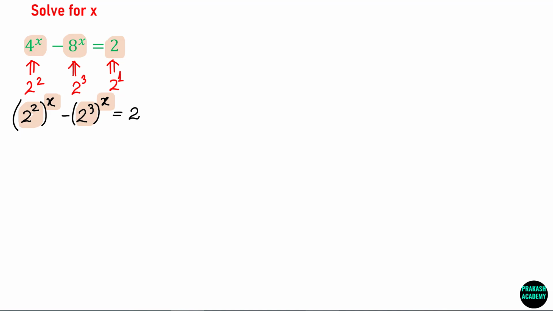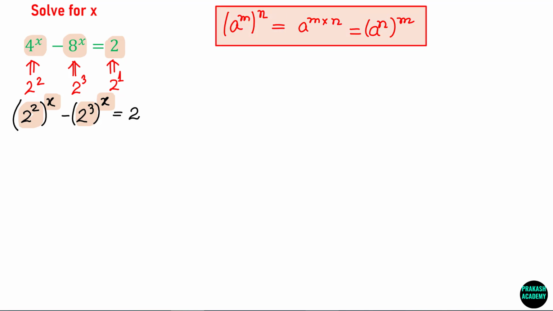If you remember, the rules of power say that if you have a raised to the power m, whole raised to the power n, this can be written as a raised to the power m times n, and this can further be written as a raised to the power n, whole raised to the power m. So I will use this rule. With this rule, the power gets interchanged.